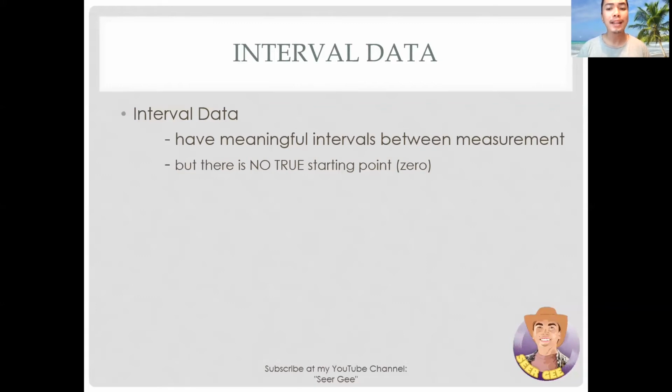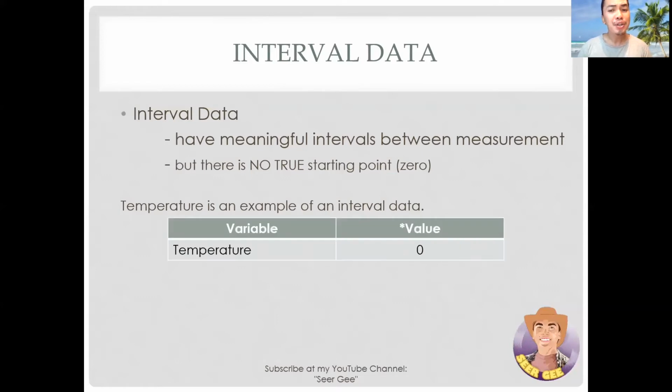So what is an example of interval data? A very clear example is temperature. Temperature is an example of interval data. Consider we have the variable named temperature, which has a value of 0, in degrees Celsius.